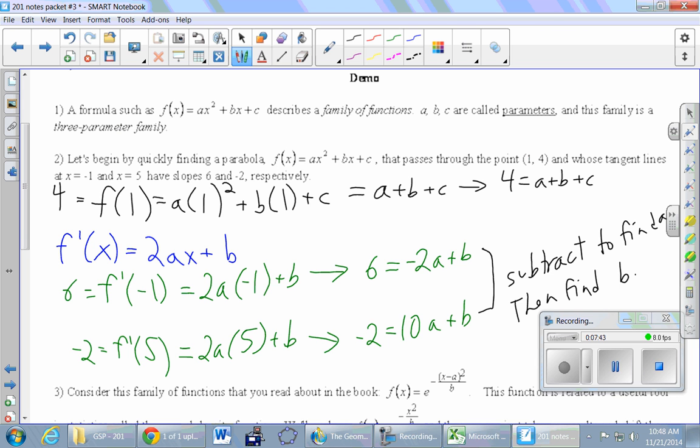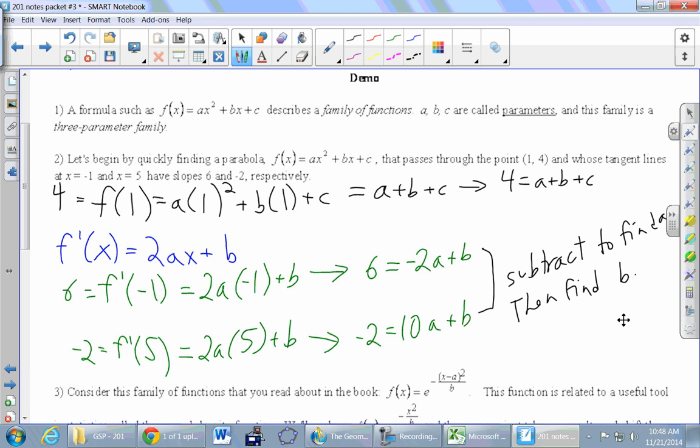And then how do we find c once we know a and b? We plug into this 4 equals equation, the original, and then find c. So there's a little bit of algebra left to do, but the calculus is done, so we're done.